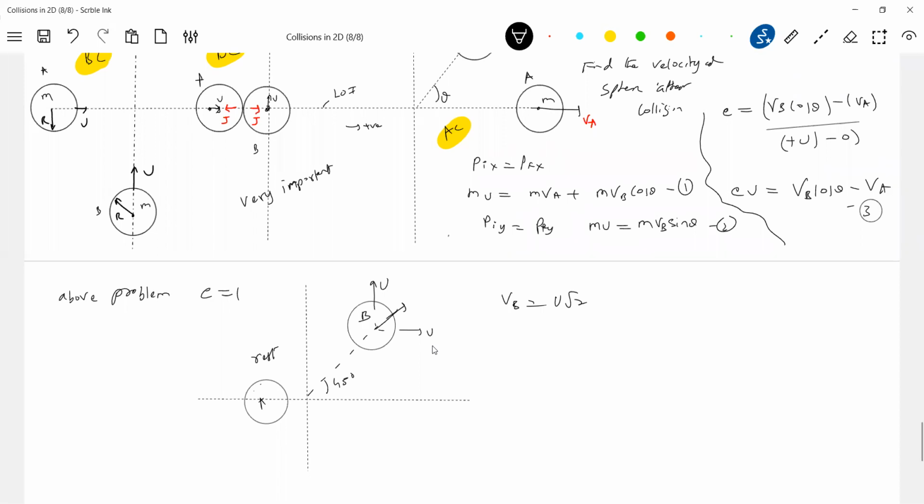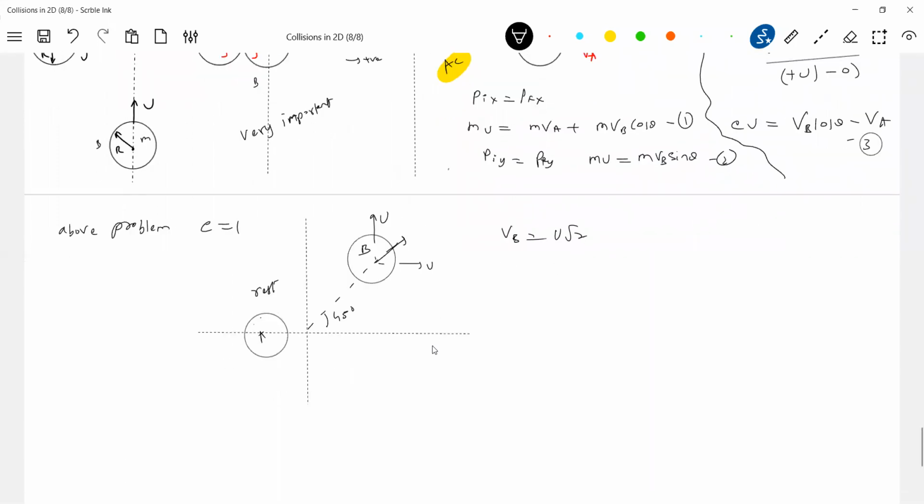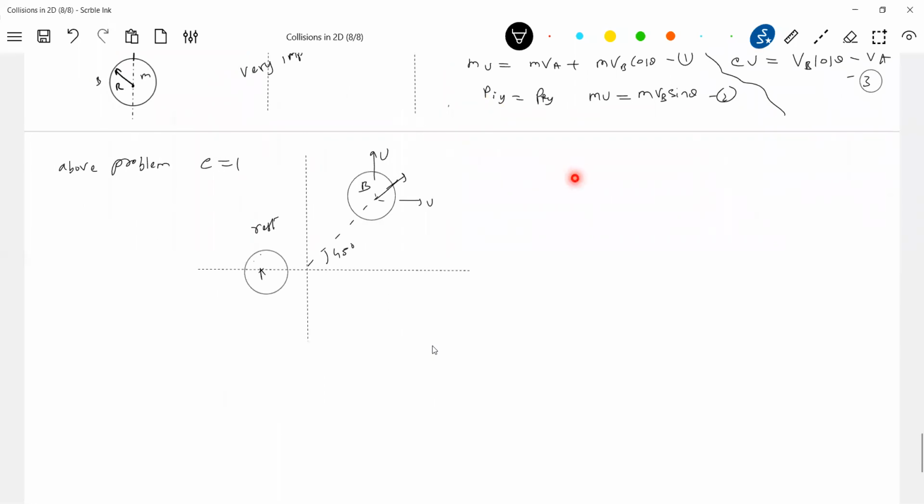If it is a perfect inelastic collision, they'll move in the direction of the common velocity. In the above problem, if e equal to 0, then after impact, what should happen? Both combined blocks will move with the velocity of the center of mass. What is the velocity of the center of mass?